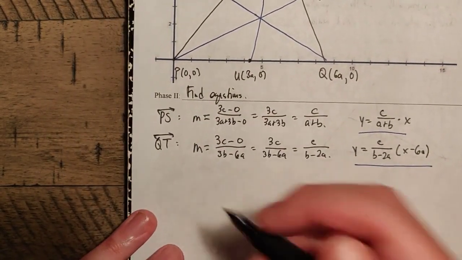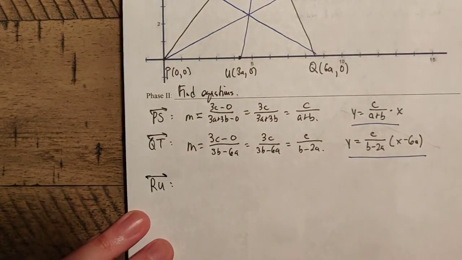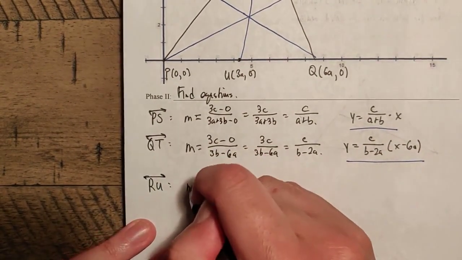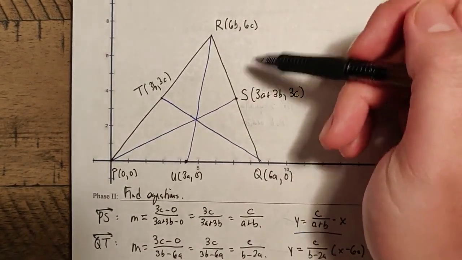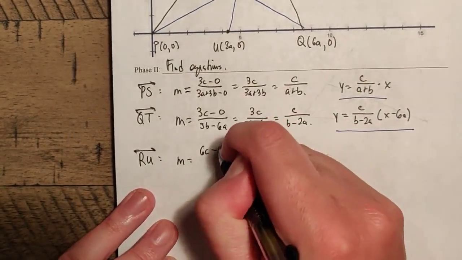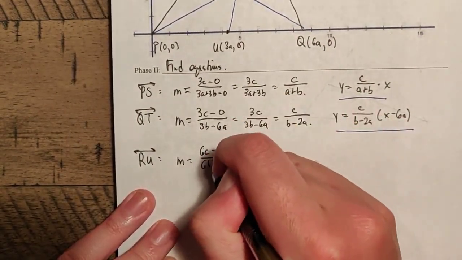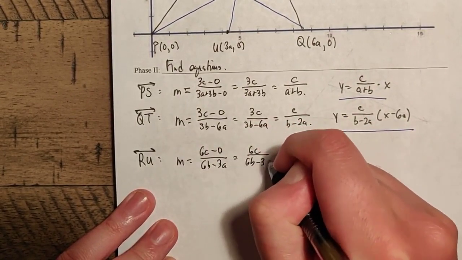Now we're also going to do RU. So RU here, again, we do the same thing. We find the slope of the line. So going again, we have 6c minus 0 over 6b minus 3a here, and that's 6c over 6b minus 3a.